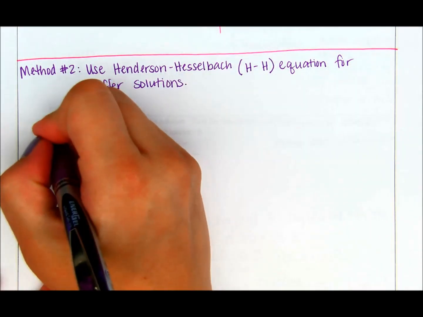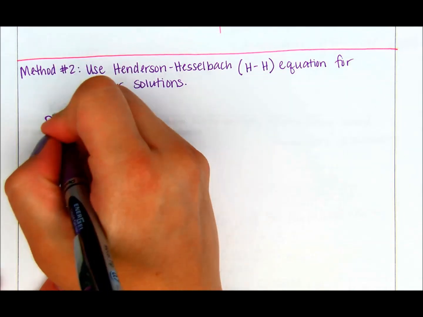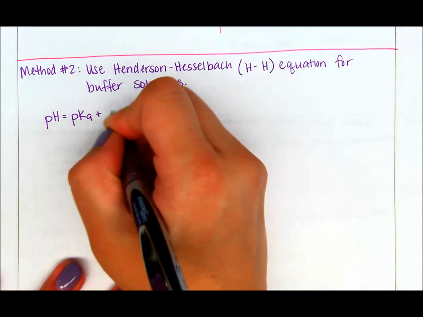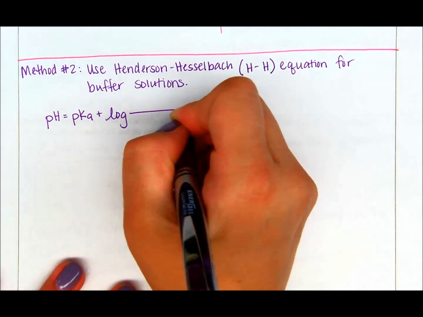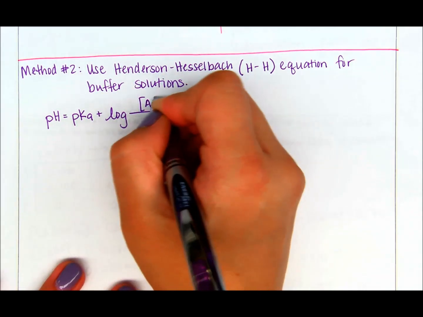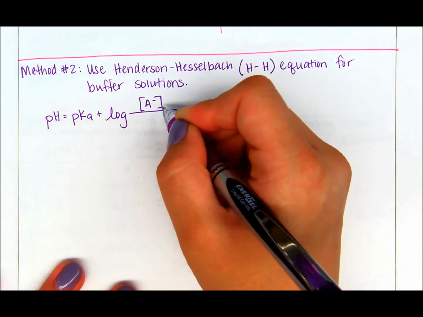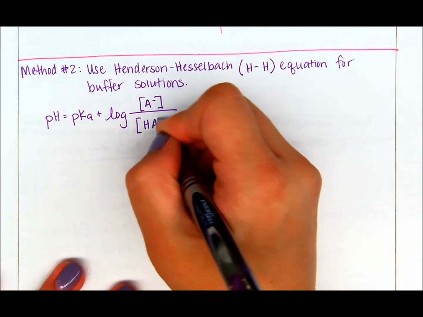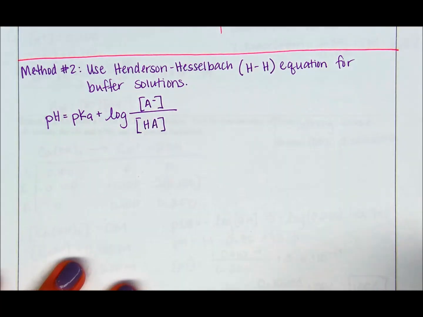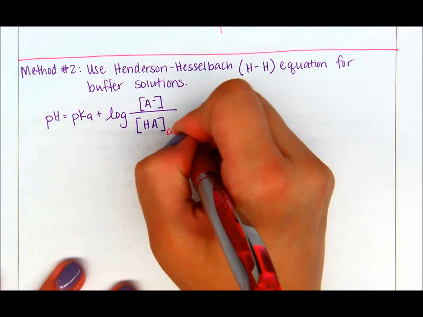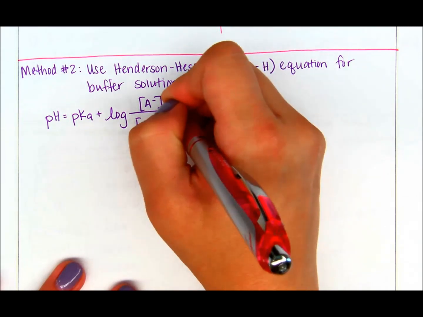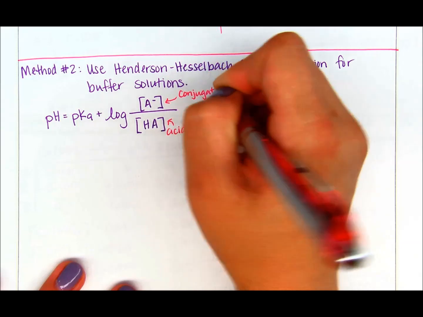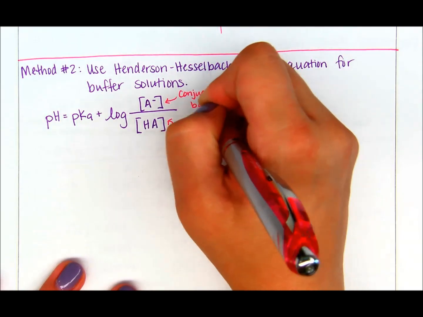So here's the Henderson-Hasselbalch equation. pH equals pKa plus log of the concentration of A minus, so that's going to be your conjugate base, over your HA, which is your acid. So we'll go ahead and label that. This is the acid. This is the conjugate base.